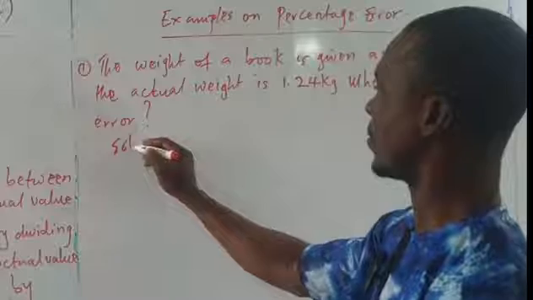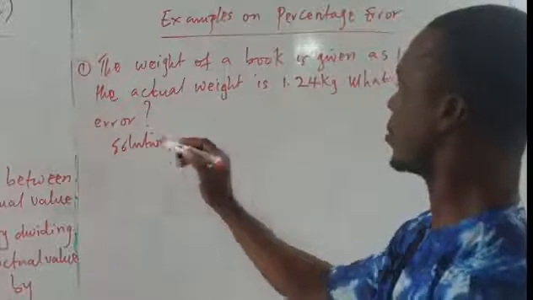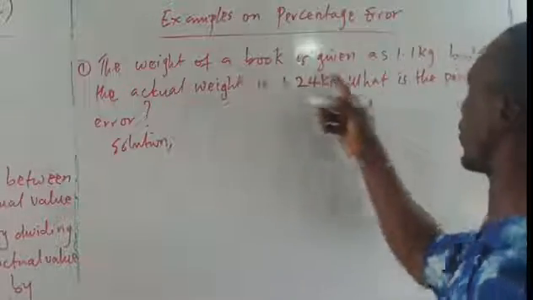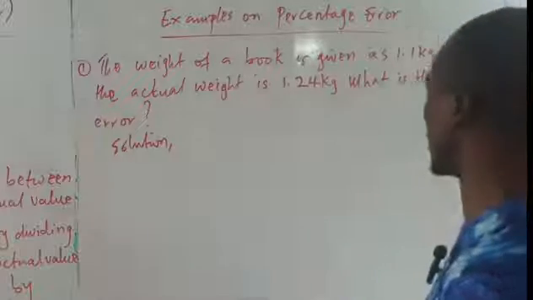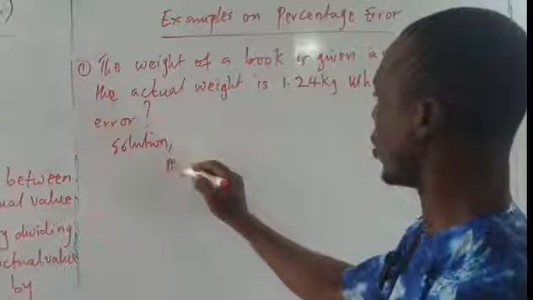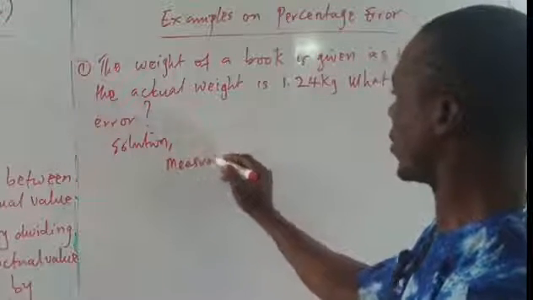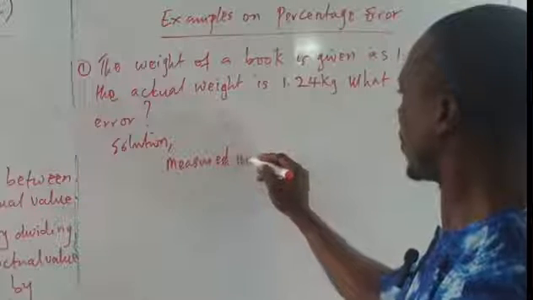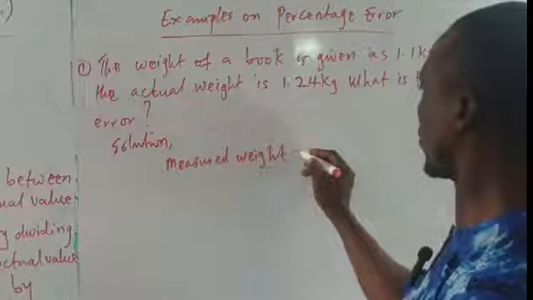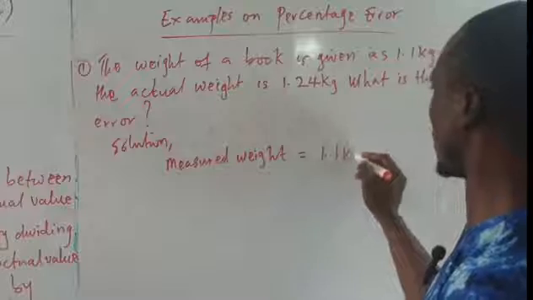Solution. The data given: the weight of a book is given as 1.1 kg. So that is the measured weight, which is 1.1 kg.